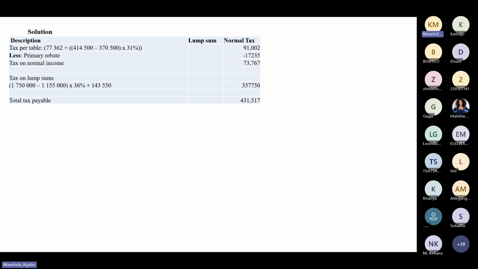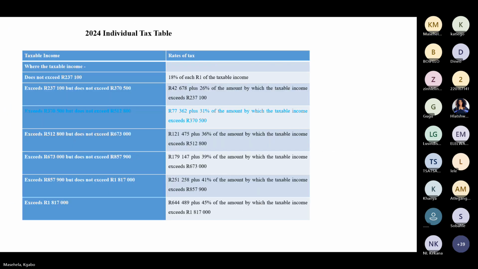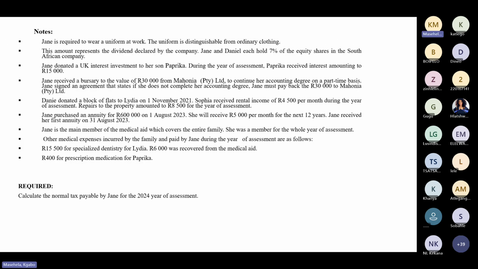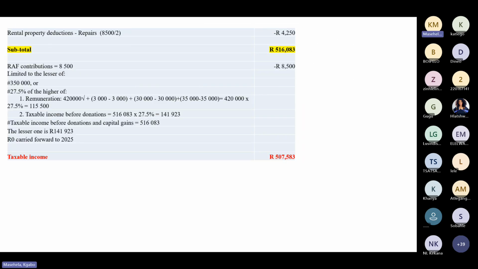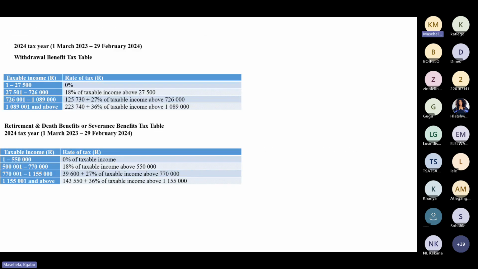Let's go and look at our lump sum quickly. Where's the lump sum? Let me just quickly check the lump sum. It must be here. The lump sum. Look at this. The lump sum. Retirement. It's not withdrawal, it's retirement.